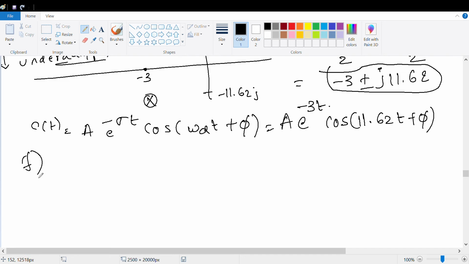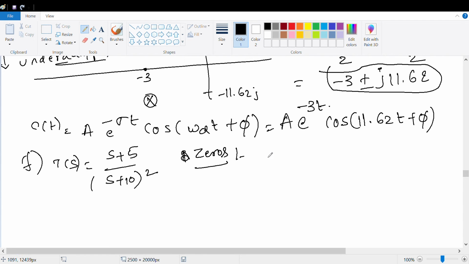Next, the F part. T of s equals s plus 5 by s plus 10 whole square. For zeros, numerator equals 0. Therefore s plus 5 equals 0, s equals minus 5.